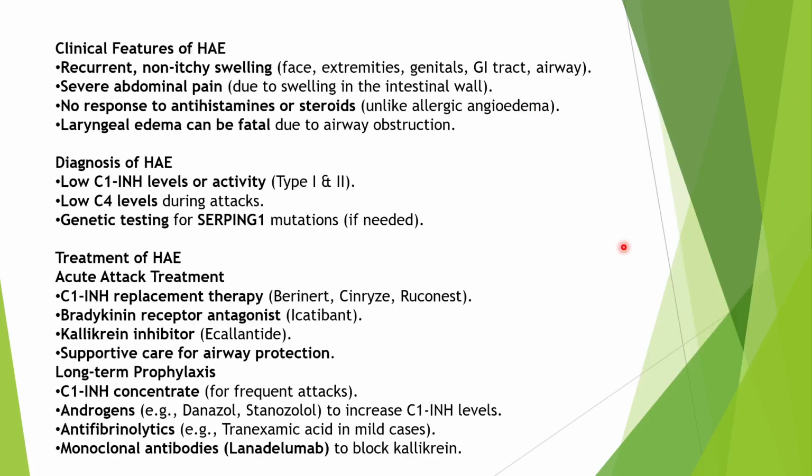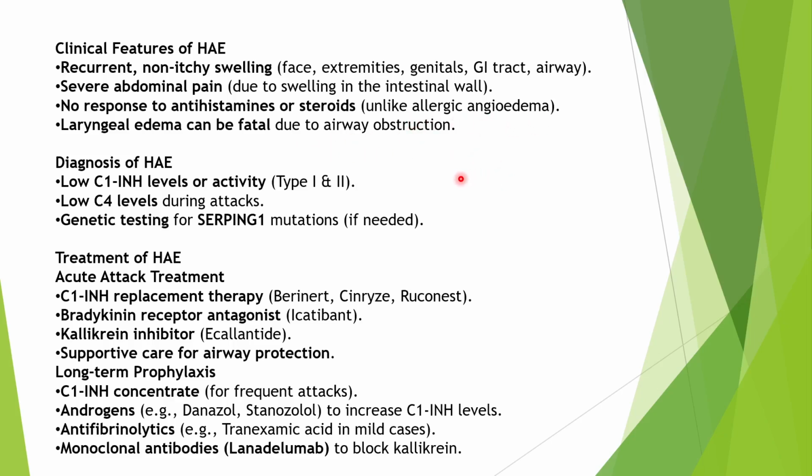So the clinical features of HAE are recurrent non-itchy swellings on the face and extremities, genitals, GI tract, airway, etc., and severe abdominal pain due to swelling of the intestinal wall, with no response to antihistamines or steroids, unlike allergic angioedema.